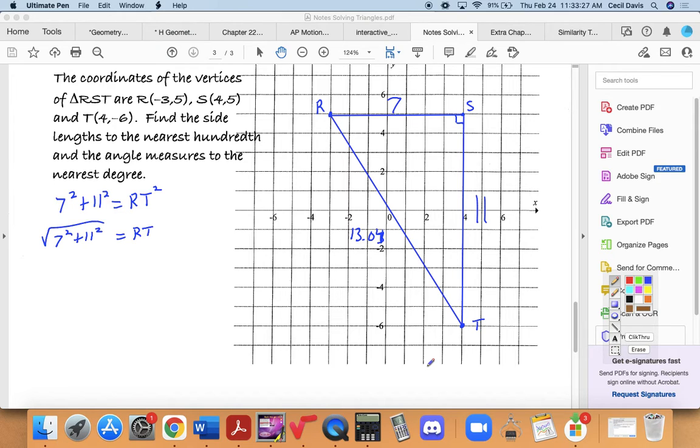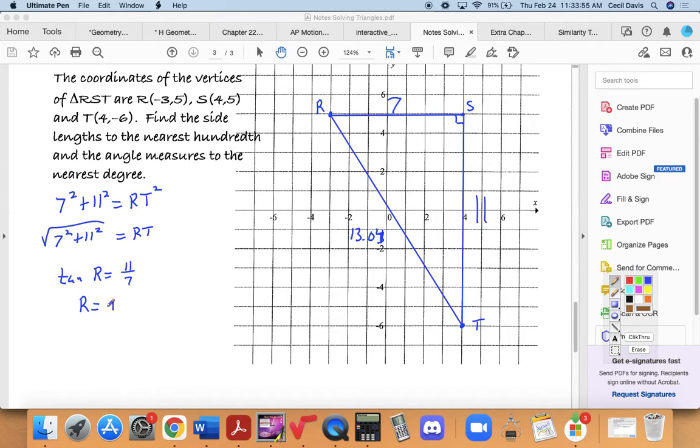And then again, just like before, if you're finding the angle measures, don't use the 13.04. That's not exact, is it? No. Use the ones that are exact, the 7 and the 11. So for the angle R, 11 is opposite and 7 is adjacent, so that means tangent. The tangent of R is 11 over 7.